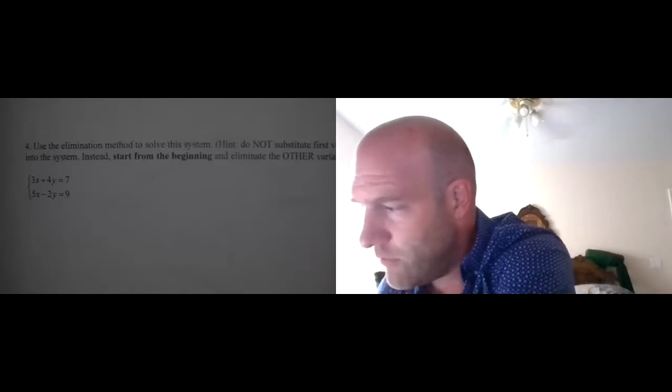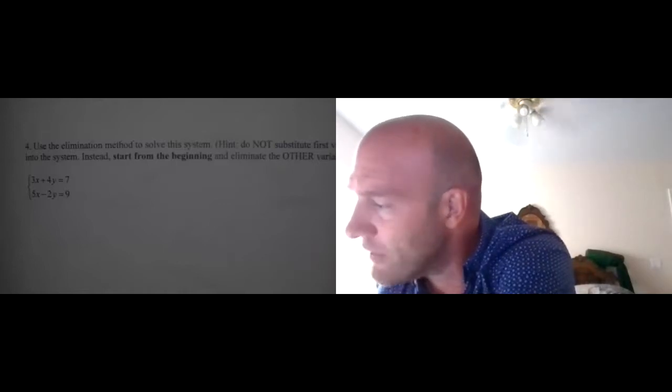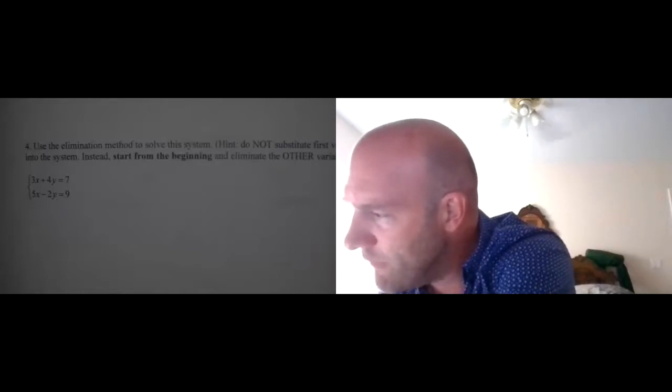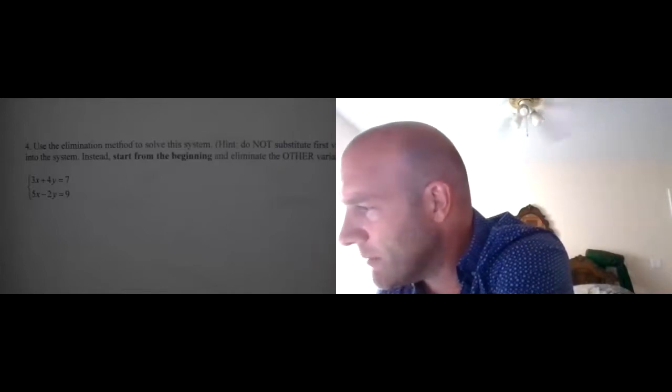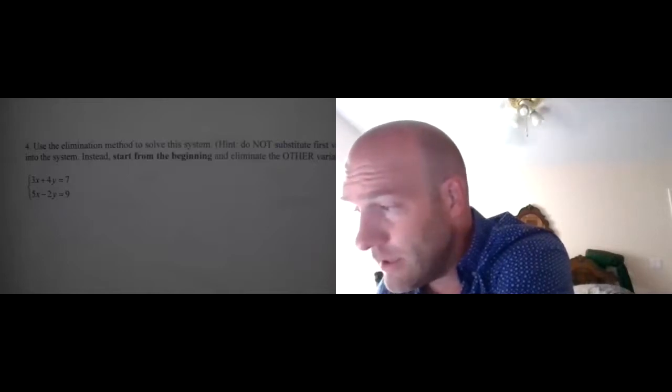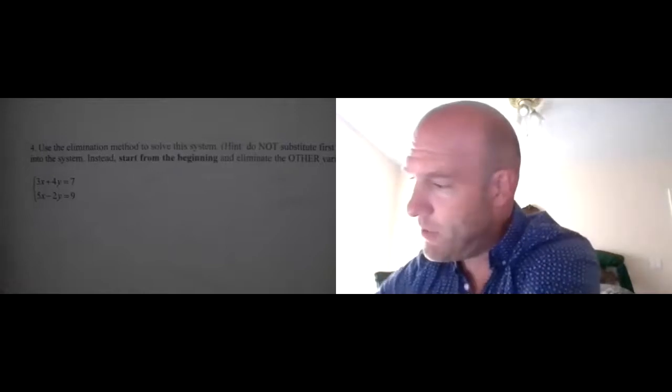So this is where we are going to get the same coefficient in front of the same variable. Hint: do not substitute the first value that you find back in the system, and eliminate the other variable. Okay, so they want us to use elimination twice. I suppose we can.